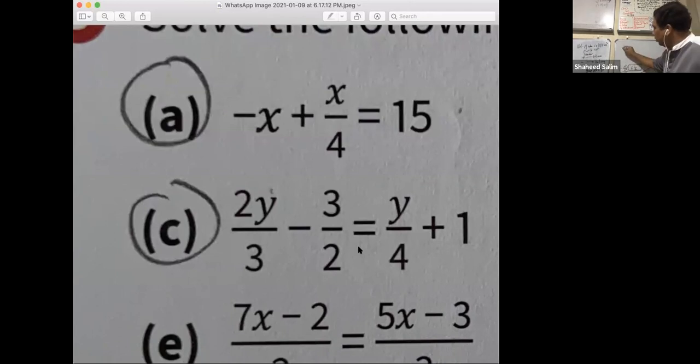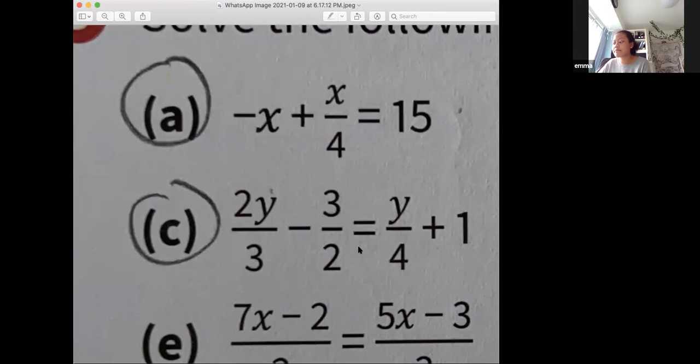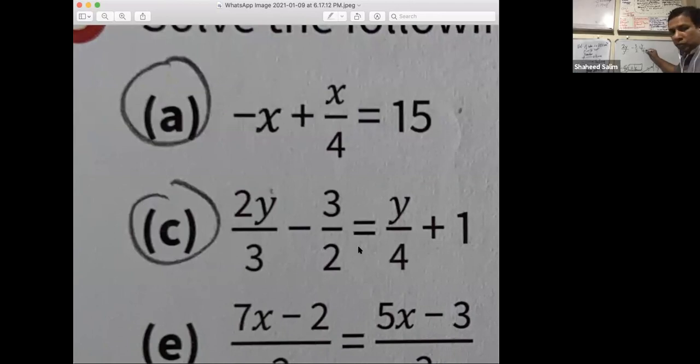So here we go. 2y over 3 minus 3 over 2 equals y over 4 plus 1.